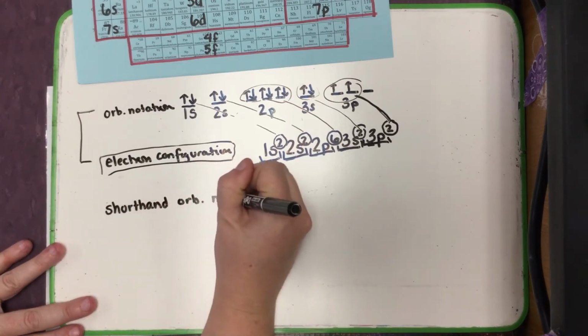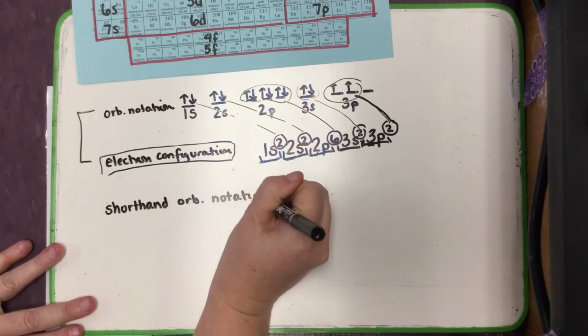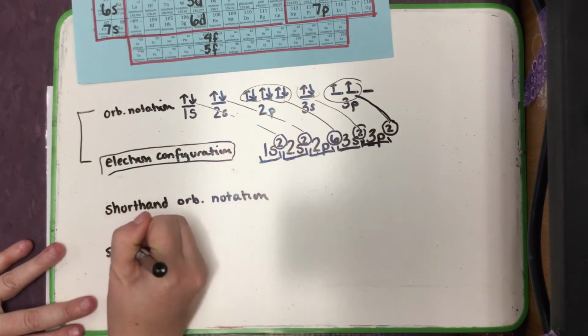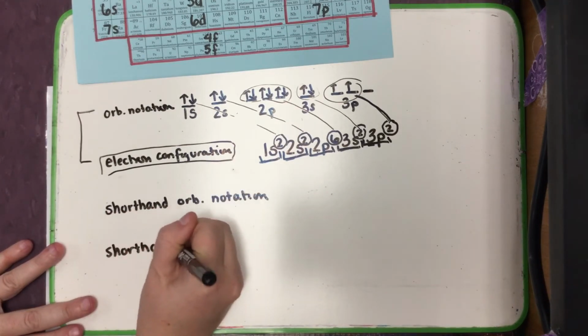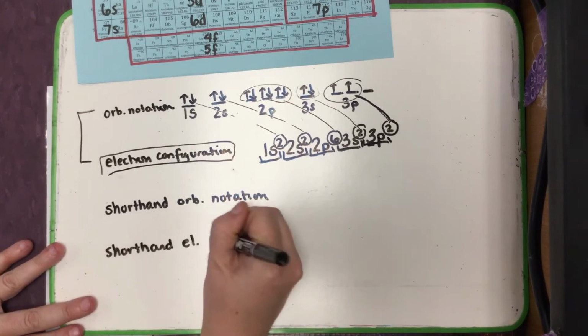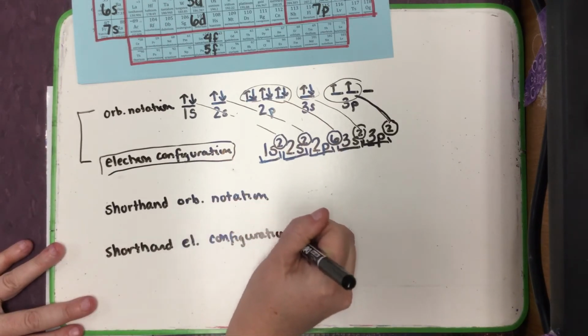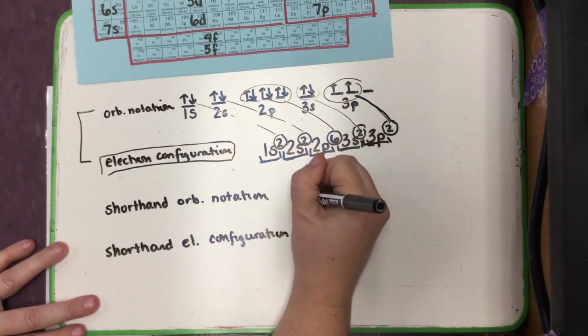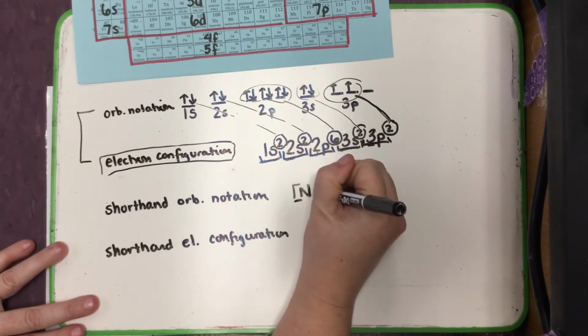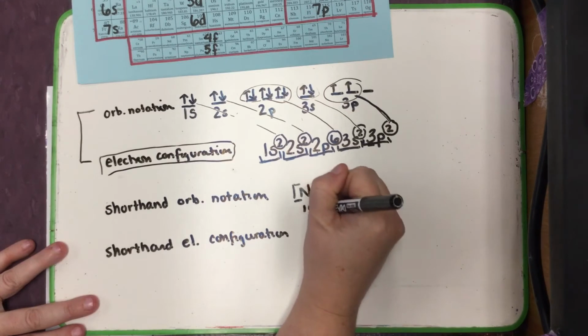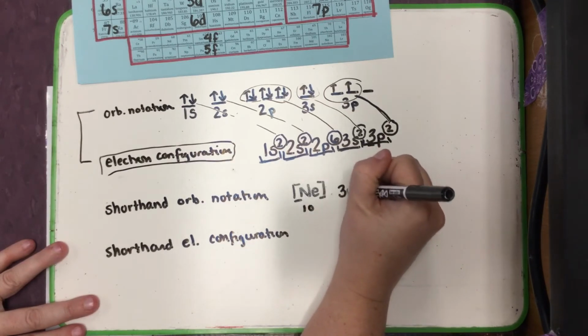And then we're going to figure out how to draw them. So for silicon, the shorthand orbital notation would look like this.